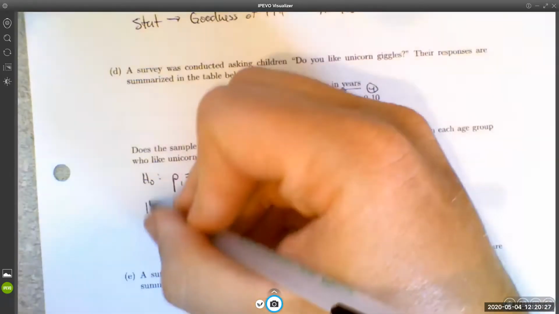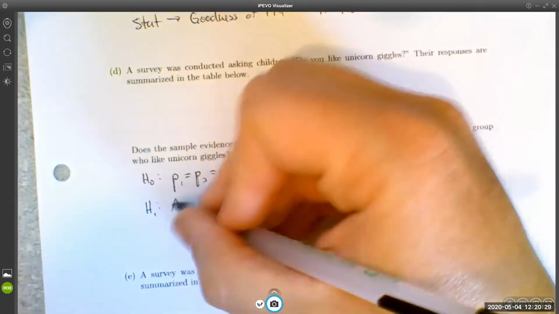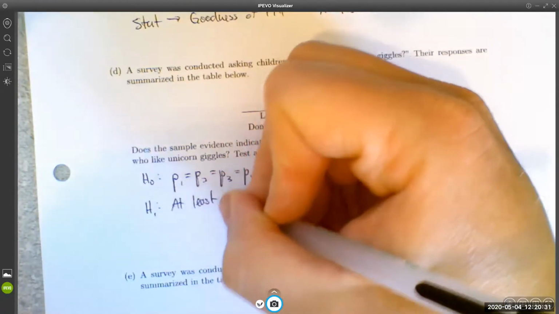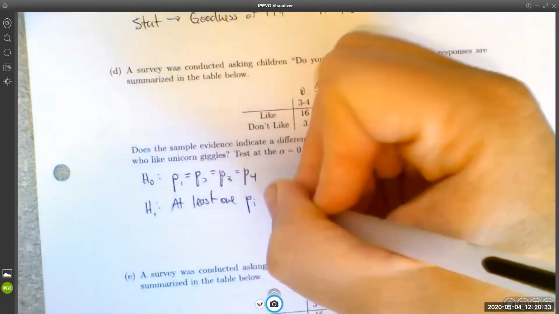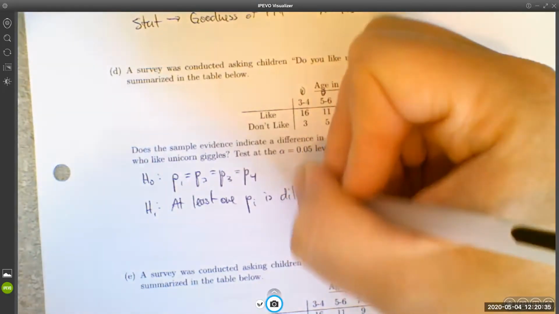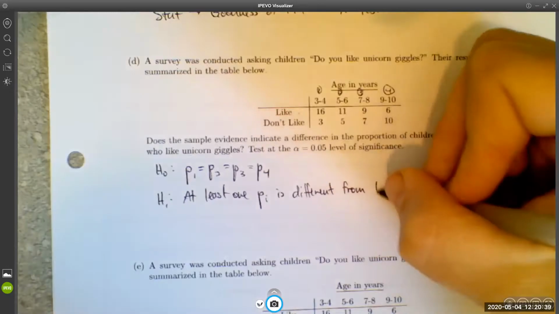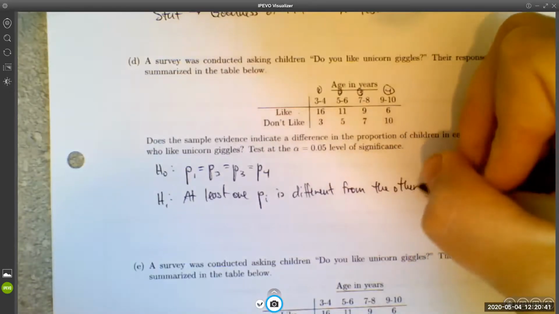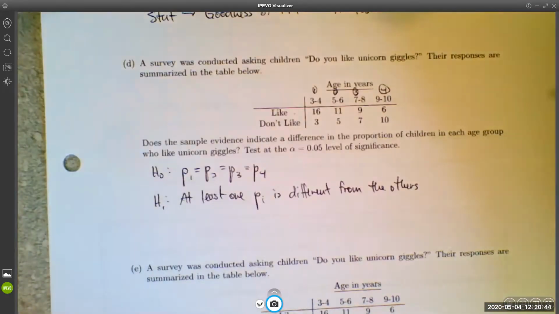The alternative hypothesis is that at least one Pi is different from the others. Okay? So this one is a homogeneity of proportions test.